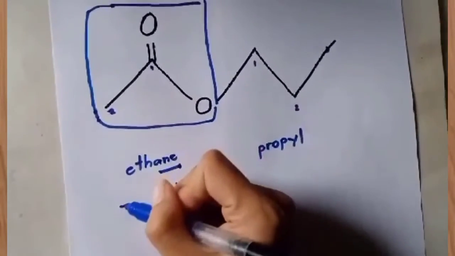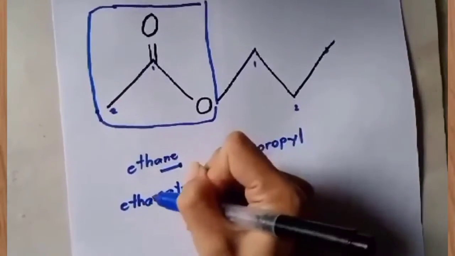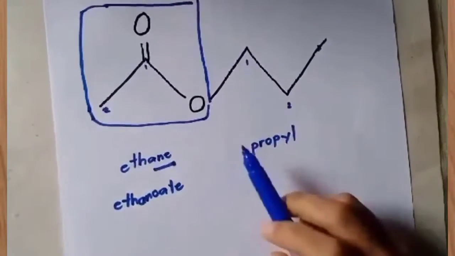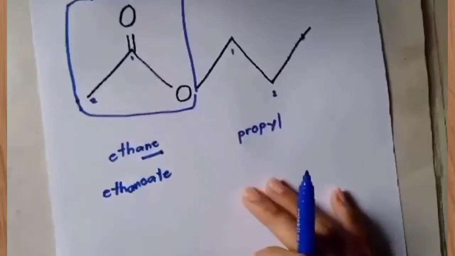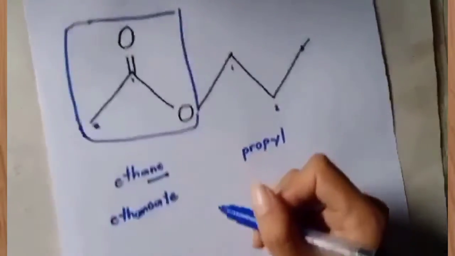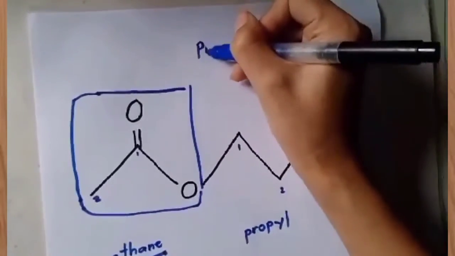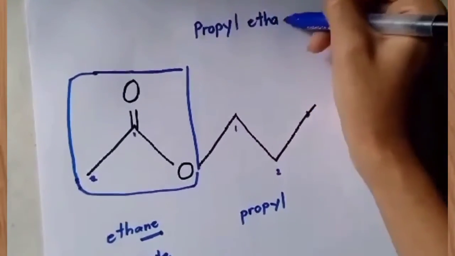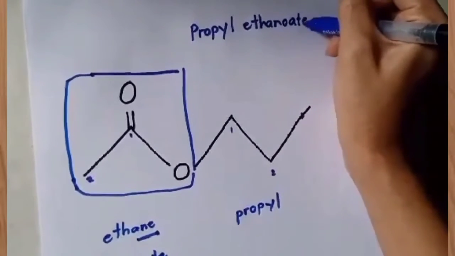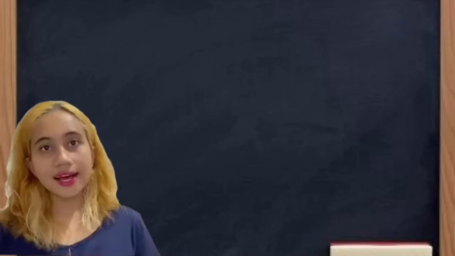That would be ethanoate. Now when we put it together, the ethanoate must come at the end. Therefore, it would be propyl ethanoate.